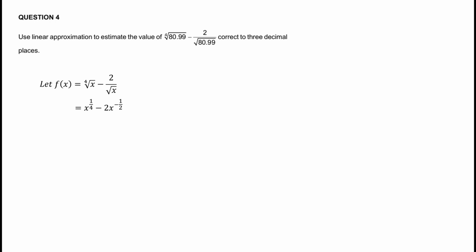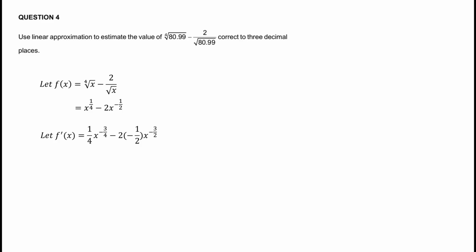And then we want to search the f prime. So we can get this f prime, which is f prime of x equal to 1 over 4 x power negative 3 over 4 minus 2 open bracket minus 1 over 2 close the bracket x power negative 3 over 2.